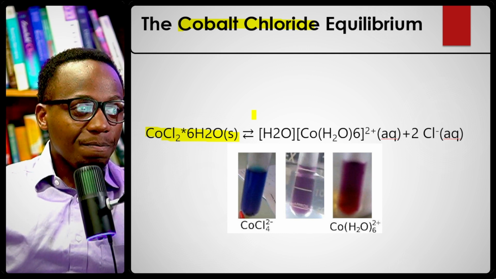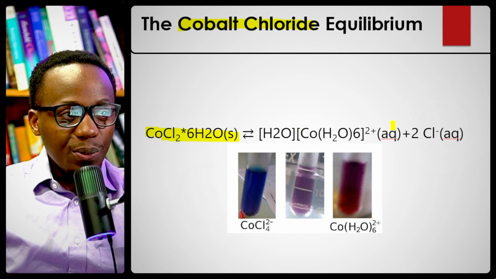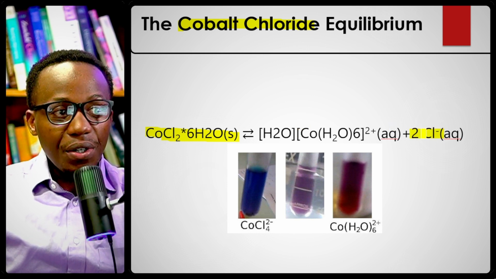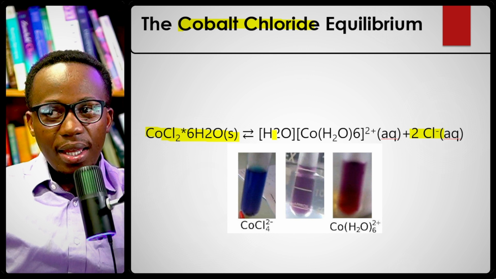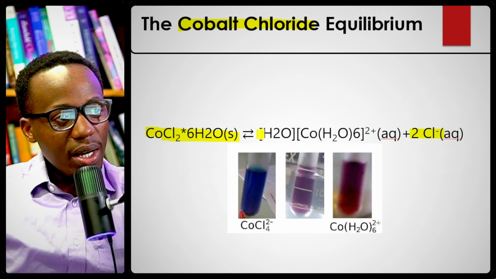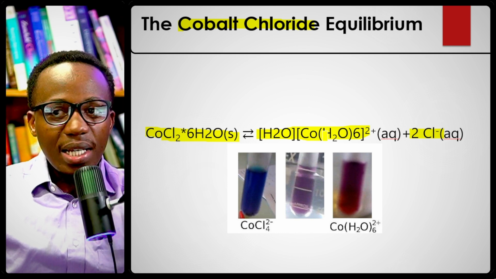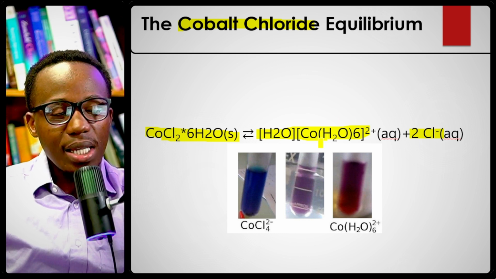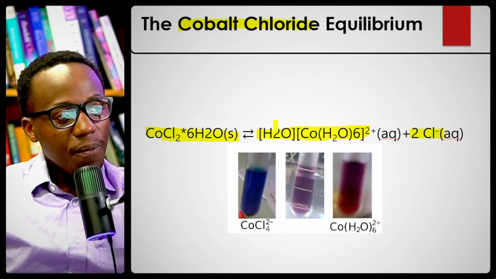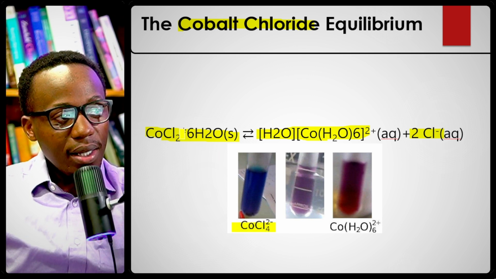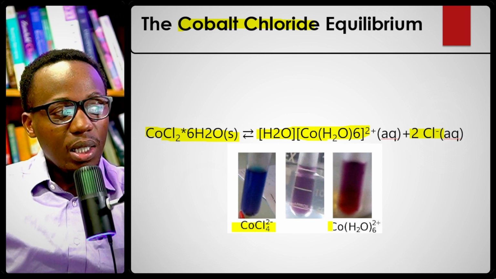So cobalt chloride, right, turns into free chloride ions and this nice compound right here, right? Cobalt 2 plus hydrate, right? So it's a cobalt ion bound to water. The beauty of it is the cobalt chloride, this one is blue, this one is kind of like purple pinkish, right?